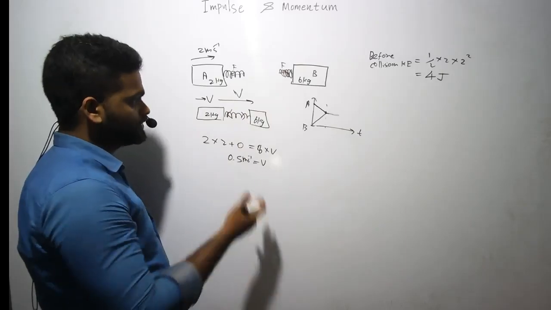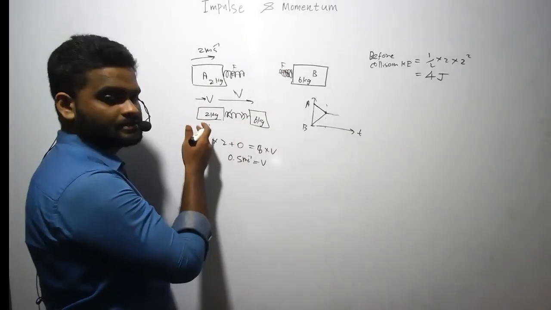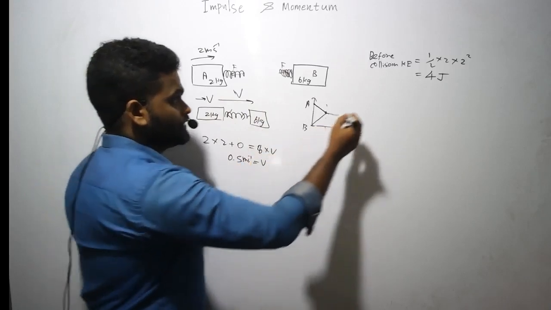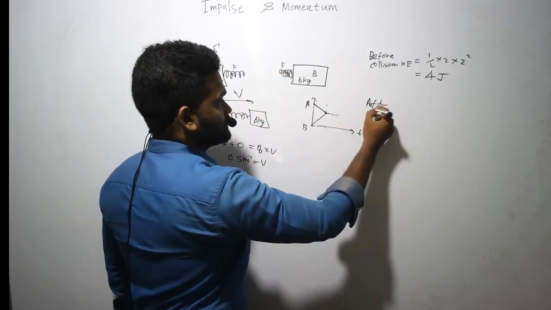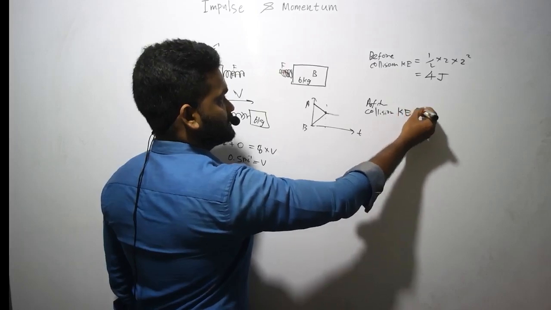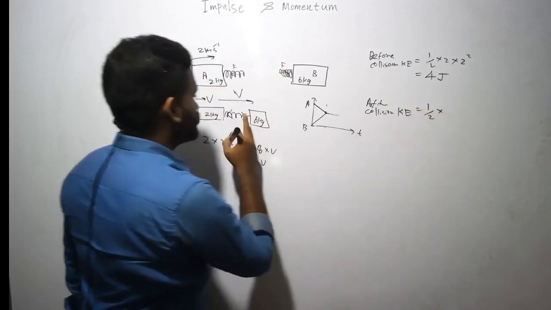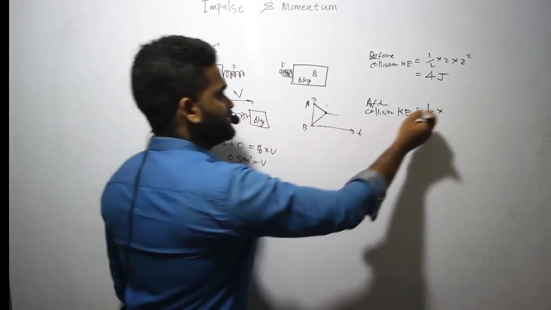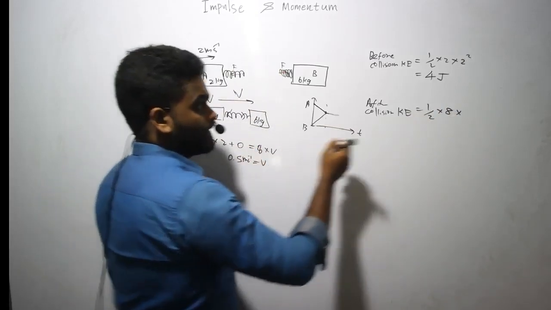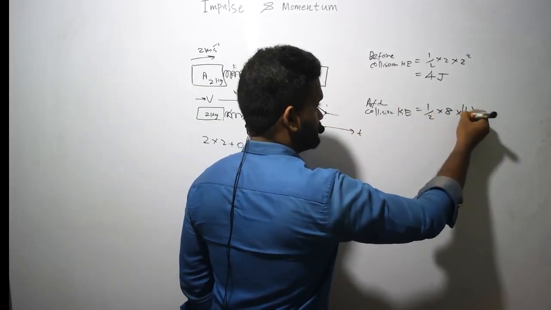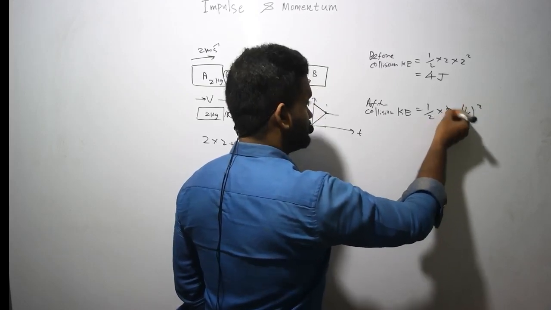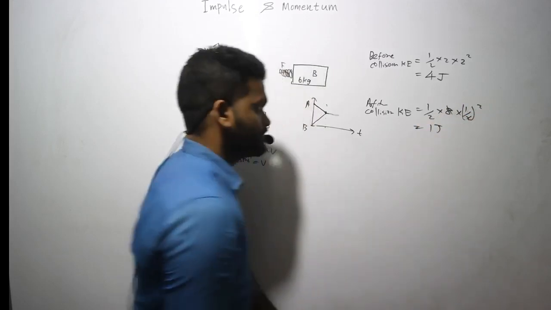Right. So in this case, let's find the total kinetic energy. This is after collision. After collision kinetic energy, so it is half. Total mass is 2 plus 6, 8. And the velocity is half, then it gets squared. Then you get 1 joule.